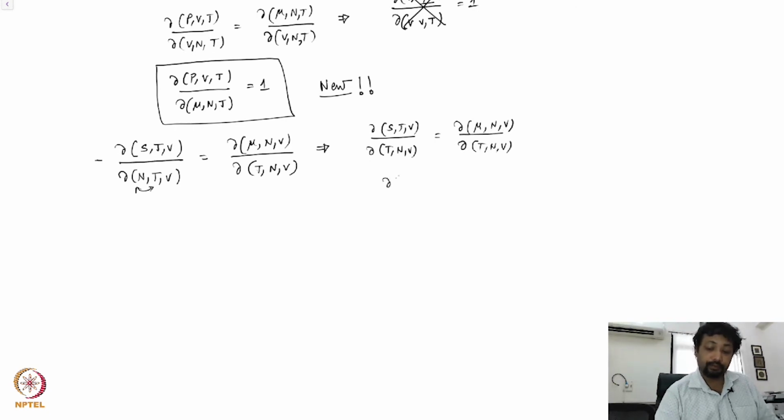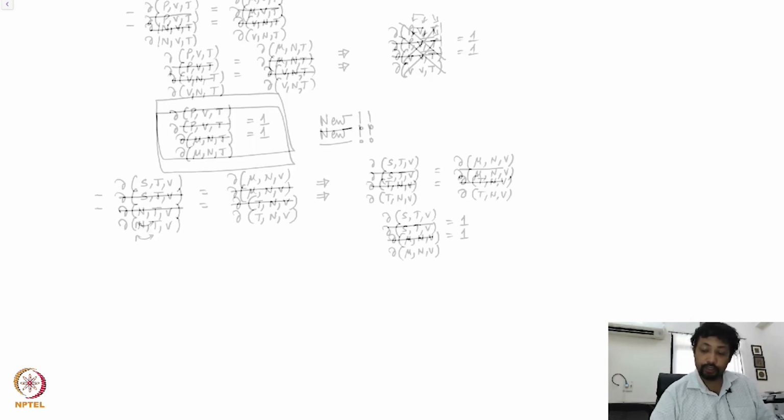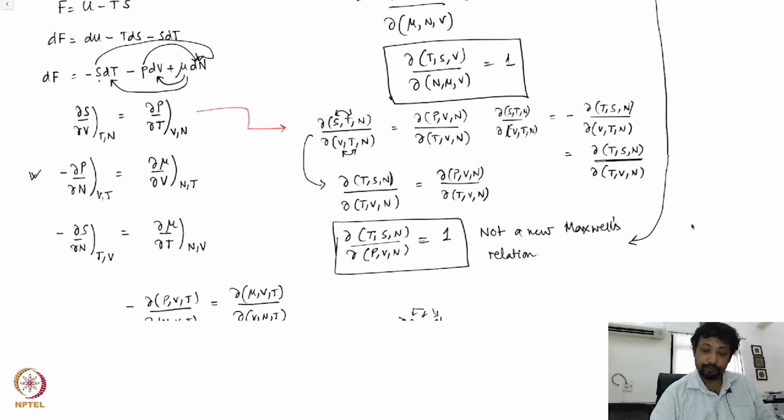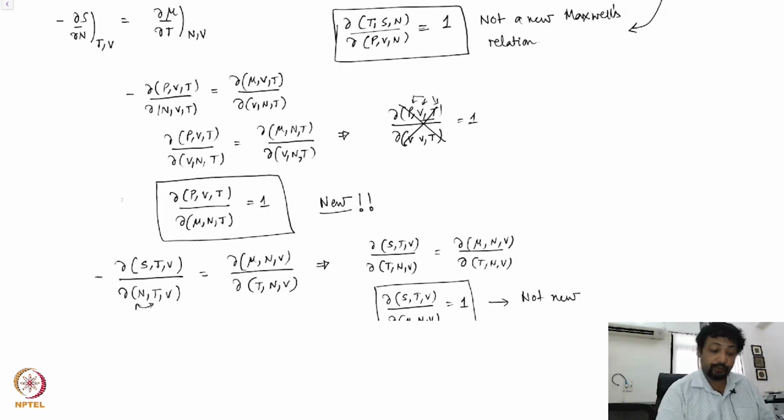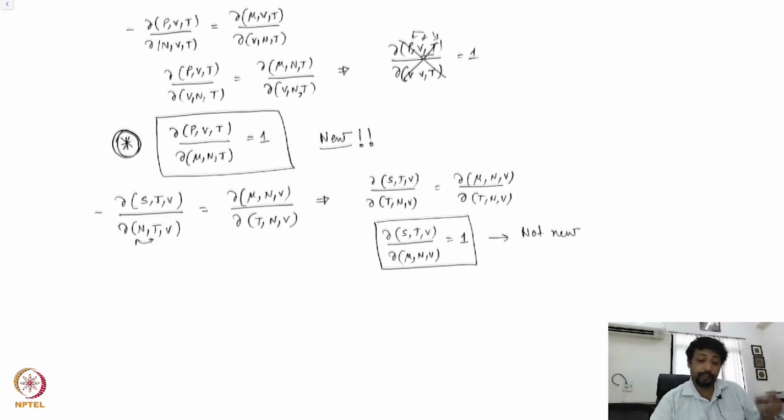And therefore the Maxwell's relation in terms of the Jacobian is del of mu NV is equal to 1. We do not have the combination STV. We have this here. So we already have TSV and NUV, and it is exactly this one. So this is again something which is not new. So from that Helmholtz free energy, we only get this as my new Maxwell's relation, right?